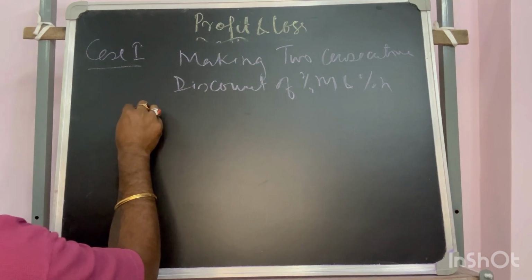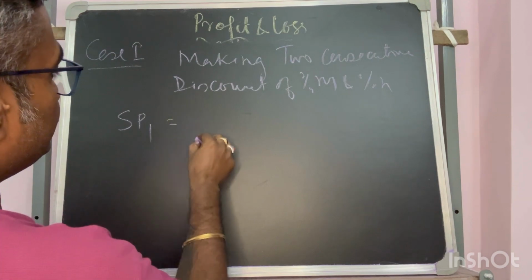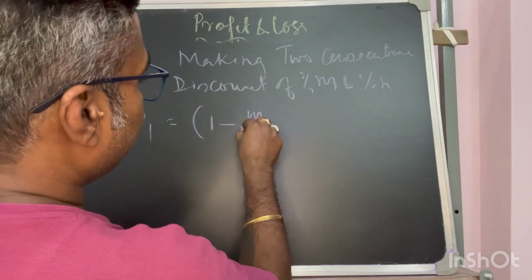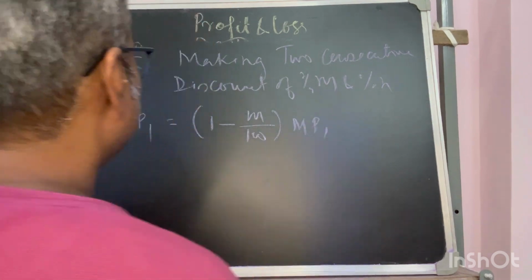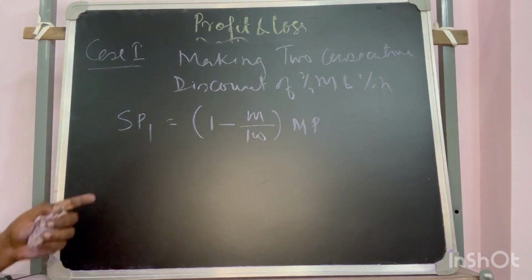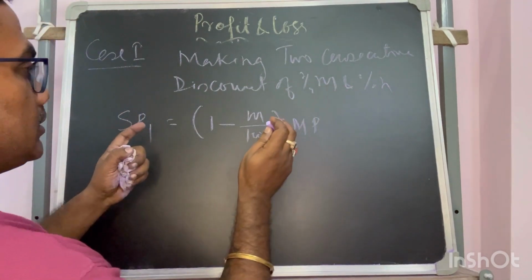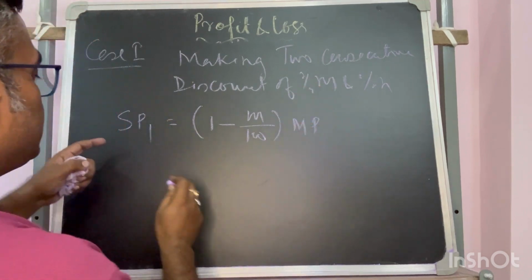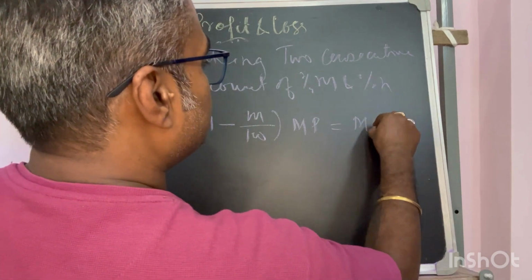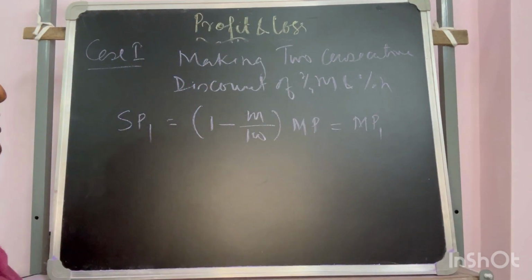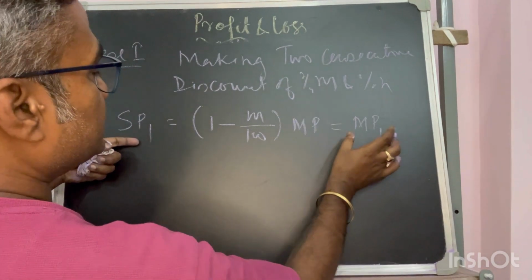In that case, the sale price for the first discount M is, as per the formula, 1 minus M by 100 into market price. This sale price, SP1, will be treated as the market price for the second discount, because the second discount acts on this sale price.